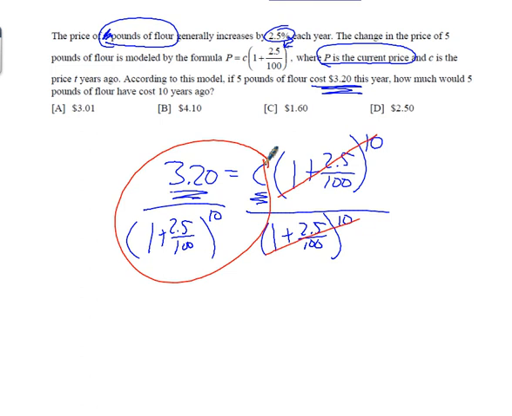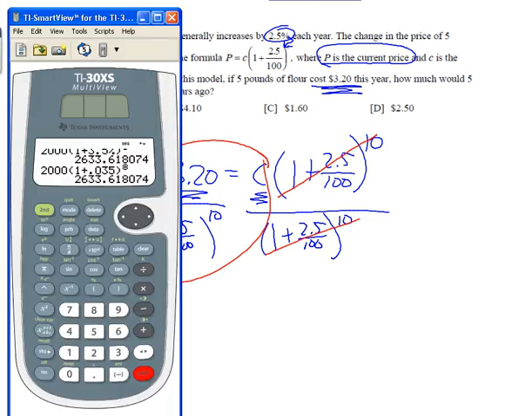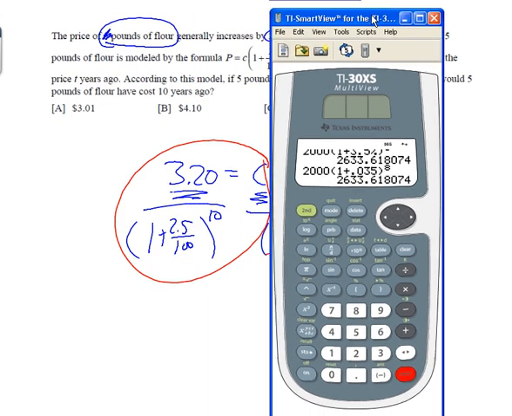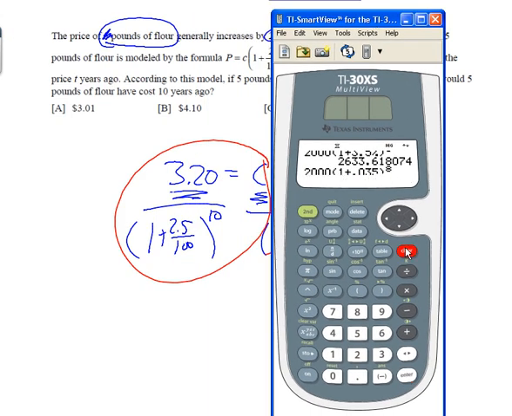And it's a little bit, let's see, come on calculator, but I need to move you over here. All right, clear that. And we're going to go 3.2. We're going to put it in a fraction. I'm going to do parentheses 1 plus 2.5.